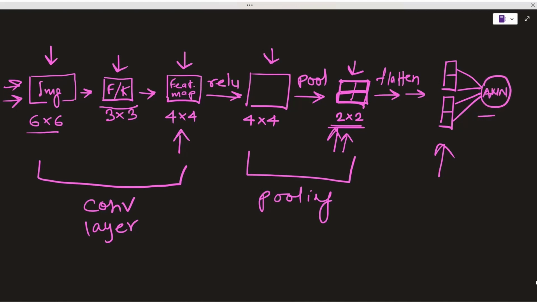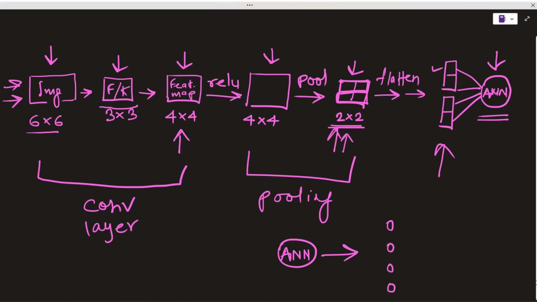And again, please do not consider this as a single neuron. This circle at the end is representing an entire neural network. So this ANN that I have drawn towards the end represents a neural network that will have 4 neurons or perceptrons in the input layer, because we have 4 values in the input over here.